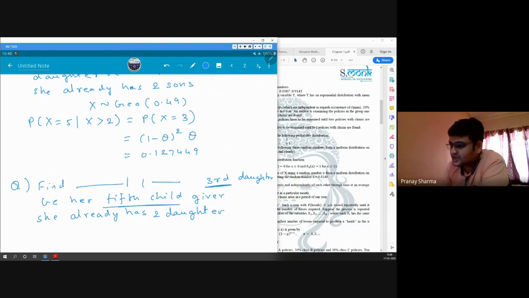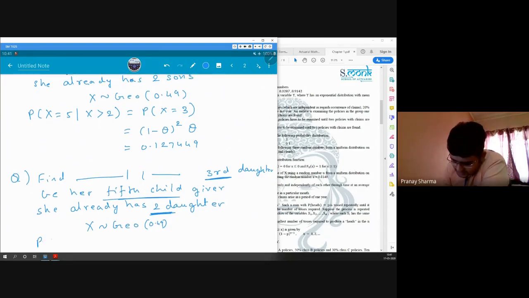But because the first two successes have already happened, I can skip that and say X follows geometric theta, that is our 0.49, and this is nothing but the probability that X equals 3. That would again be 0.127449, because whatever has already occurred is not going to affect what will happen next. That is the point here.